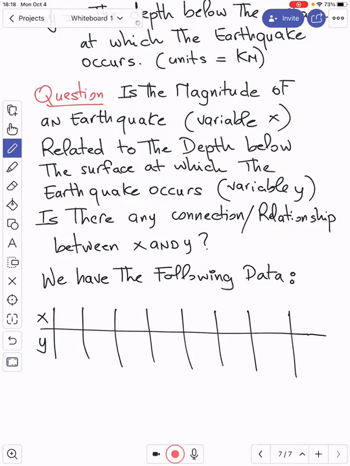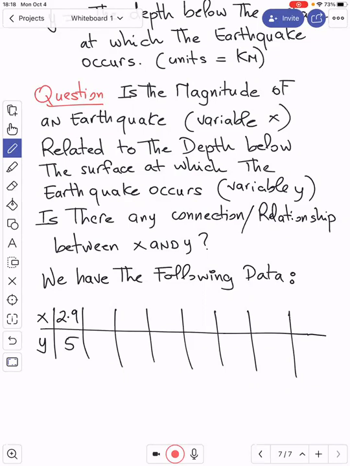So for example, if the magnitude of my earthquake is, let's say, 2.9 on, again, a Richter scale, then Y, the depth of the earthquake, is, let's say, 5 kilometers.